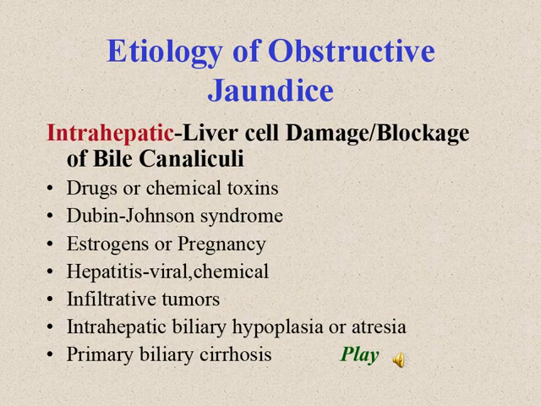The etiology, reason for obstructive jaundice: intrahepatic liver cell damage or blockage of bile canal due to chemical toxin, Dubin-Johnson syndrome, pregnancy, hepatitis viral or chemical, infiltrating tumors, intrahepatic biliary hyperplasia or atresia, and primary biliary cirrhosis.